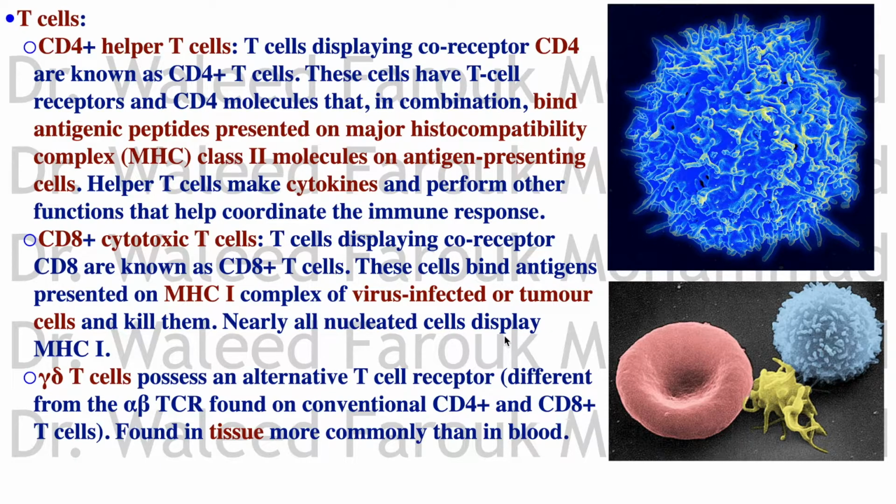This class 1 presents antigen from inside the cell, not from outside the cell. The gamma and delta T cells have alternative T cell receptors other than CD4 and CD8, and are found in tissues more commonly than in blood. This is a picture of a T cell, and this is another picture of an RBC, a platelet, and a T cell.